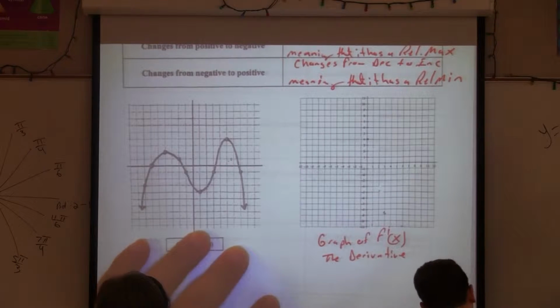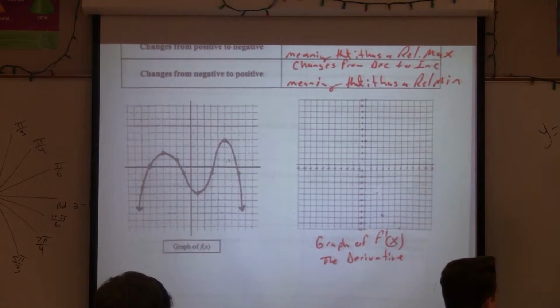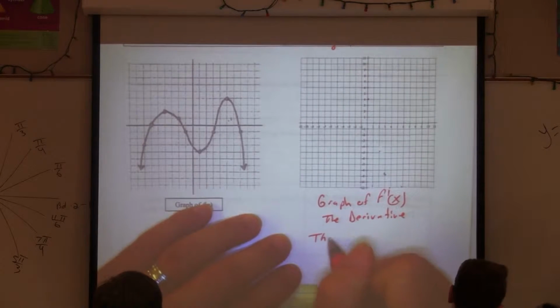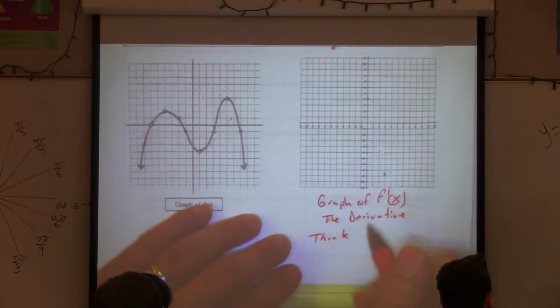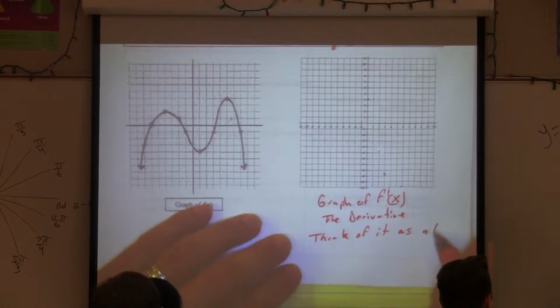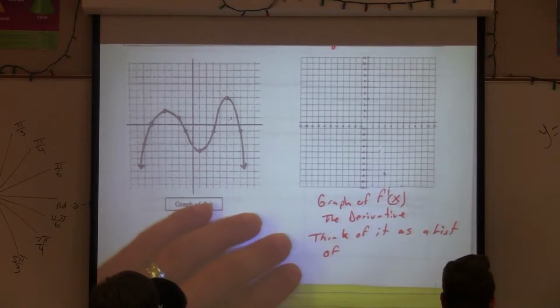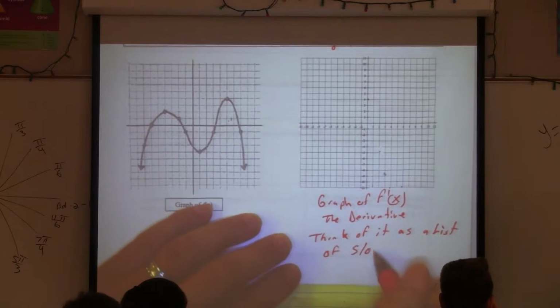And this is where it's going to get interesting, okay? Because I want you to think of this graph over here as a list of, what does the derivative tell us? Slopes.